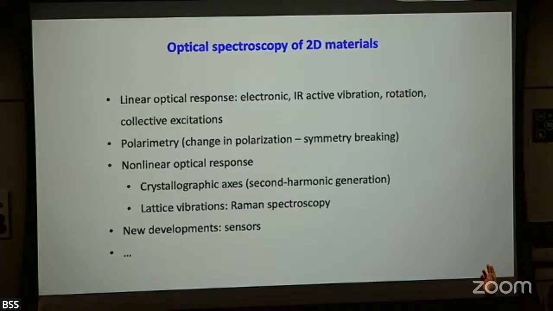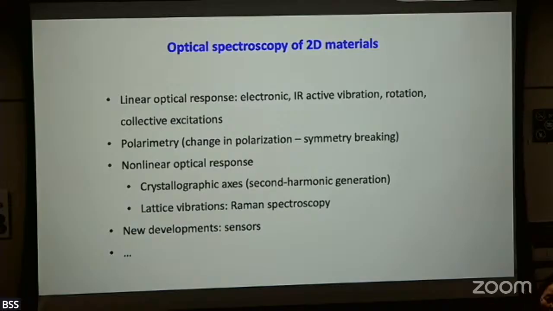So that is just looking at the power or intensity change of light, and you get absorption. And light is also a wave, an electromagnetic wave. You have polarization. So if you keep control and measure the polarization, if you keep track of polarization, you can probe different symmetry breaking states, whether it's rotational symmetry breaking, time reversal symmetry breaking. So that's polarization.